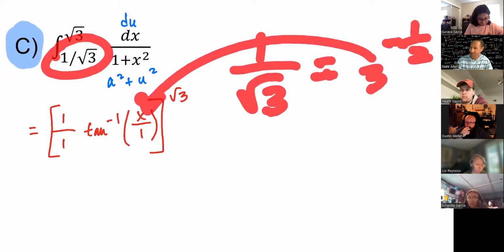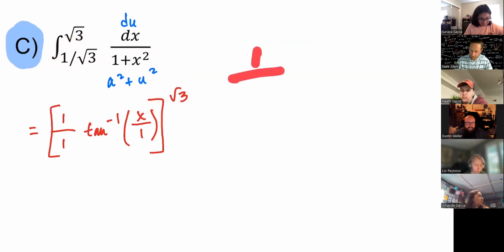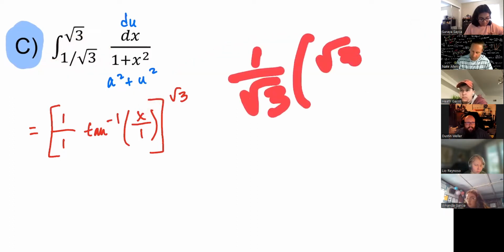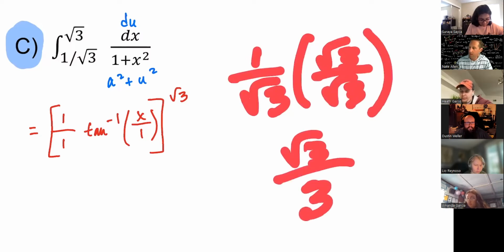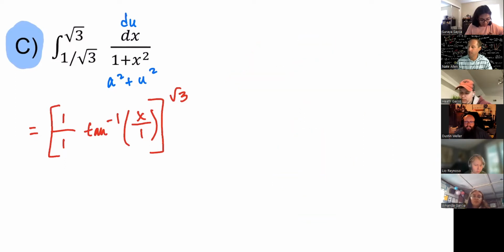If I'm going to plug that in, I don't know what that is either, even though it's correct. It is a different form. So we're just going to multiply this by that fancy 1 again to get a root 3 over 3. And hopefully you recognize that a little bit more with tangent. Okay, it's not necessary to change it, but that's how I know my trig. So I'm going to write it like that.